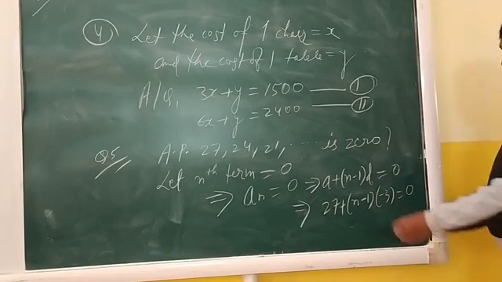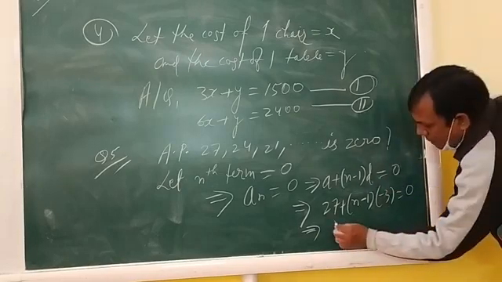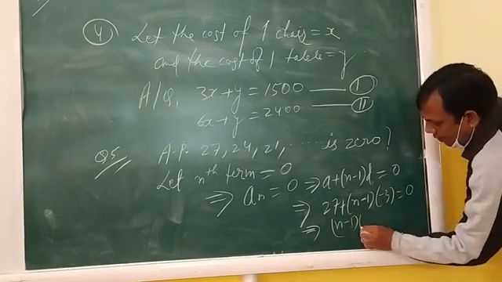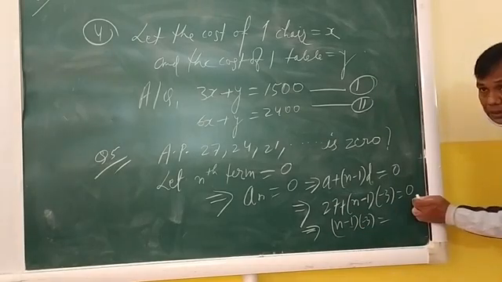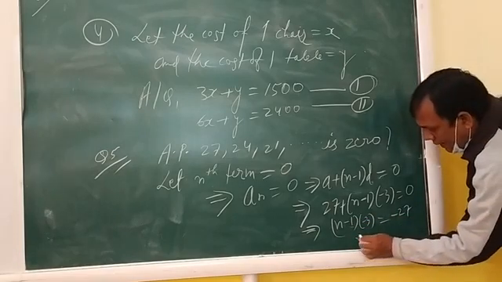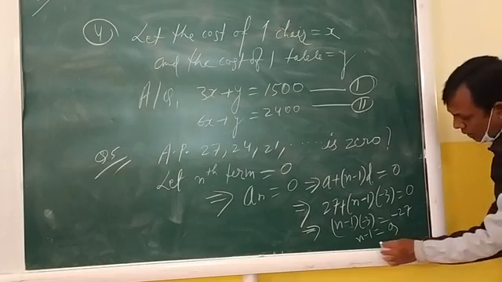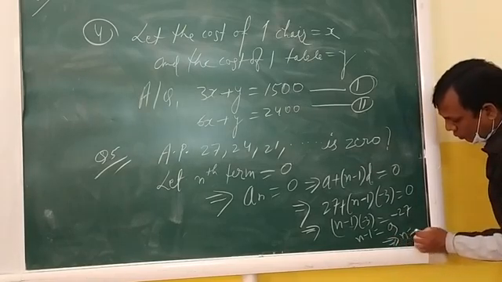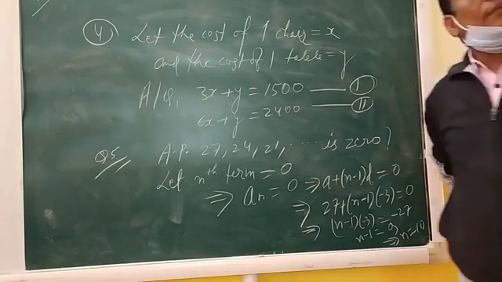Which implies n minus 1 into minus 3 equal to minus 27, when 27 goes to the right side. And n minus 1 will be 9, since 3 nines are 27, which implies n equal to 9 plus 1, that is 10. Clear?